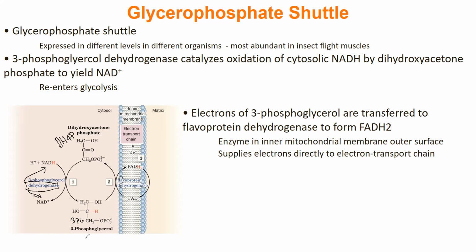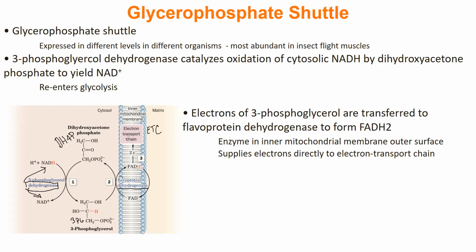Then we can take that 3-phosphoglycerol and turn it back into DHAP through a protein called flavoprotein dehydrogenase. This is an enzyme that's actually found in the inner mitochondrial membrane. That FADH2 can then give electrons to the electron transport chain, which, anytime I say the word ETC, doesn't mean etcetera.